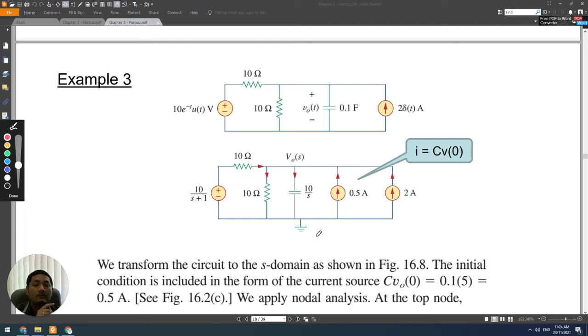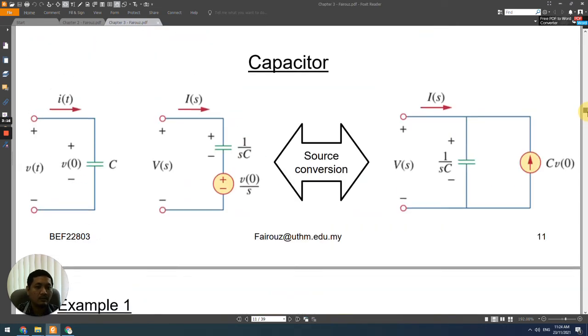And then do not forget that the capacitor has an initial condition. If we recall, the initial condition for a capacitor can be represented as a voltage source or even a current source.